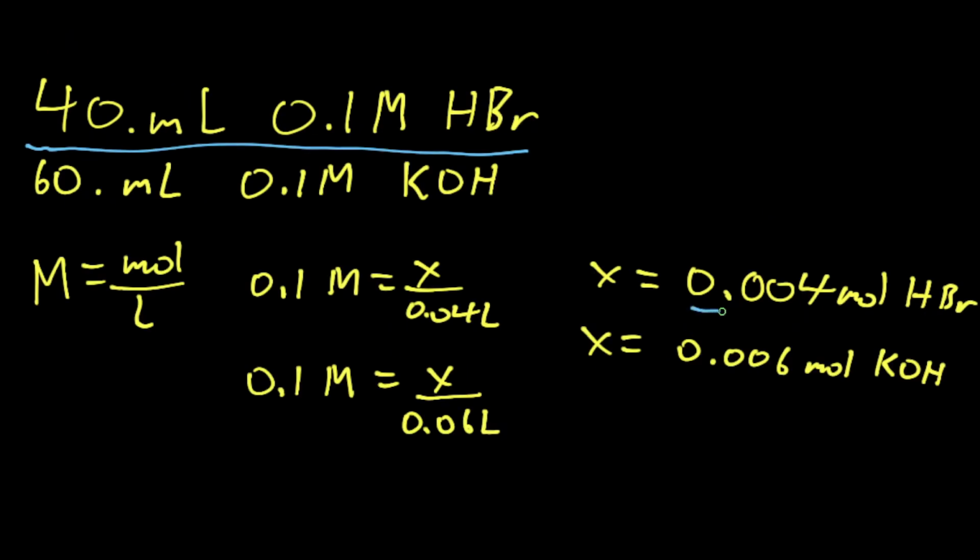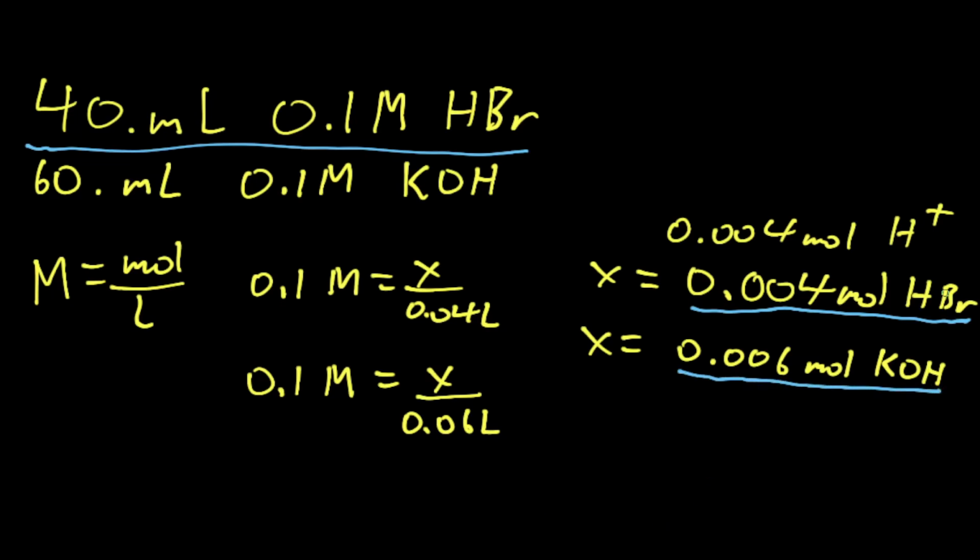Now, notice that hydrobromic acid is a strong acid, which means that we actually have 0.004 moles of H+. It is the same for potassium hydroxide. We actually have 0.006 moles of OH-.